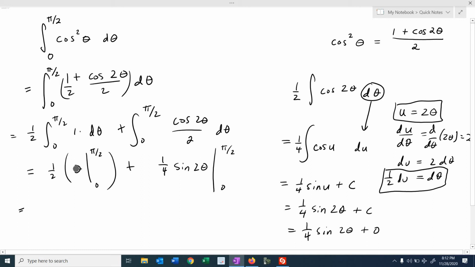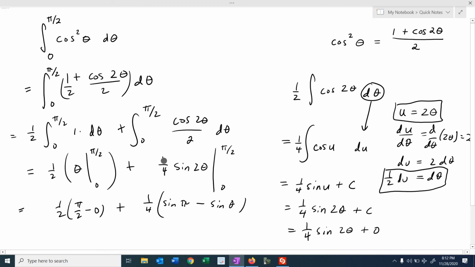So this one, we get pi over 2 minus 0 times 1/2, the upper limit minus the lower limit. Then this one, we get sine of 2 times pi over 2. Notice that the 2's will cancel out, and that just leaves you sine of pi, minus sine of 0, the lower limit.